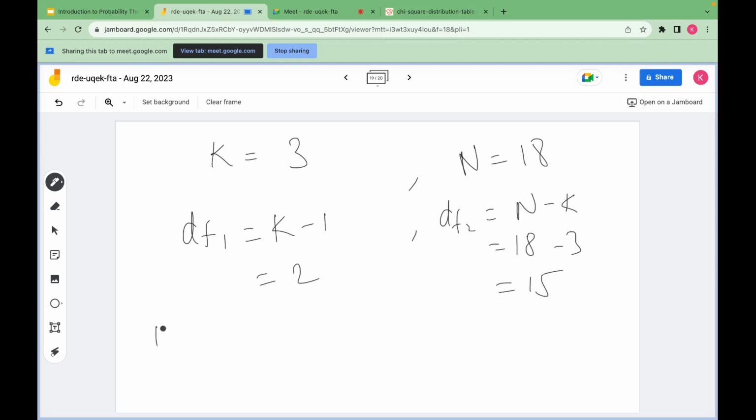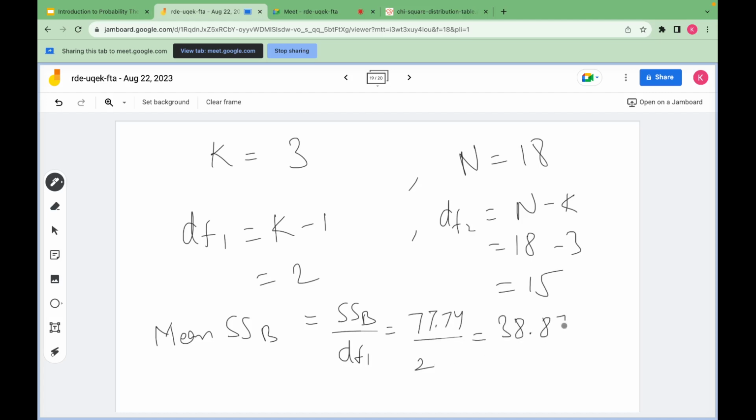So we calculate the mean SSB, which is SSB divided by df1, which is 7.74 divided by 2, which is 38.87.